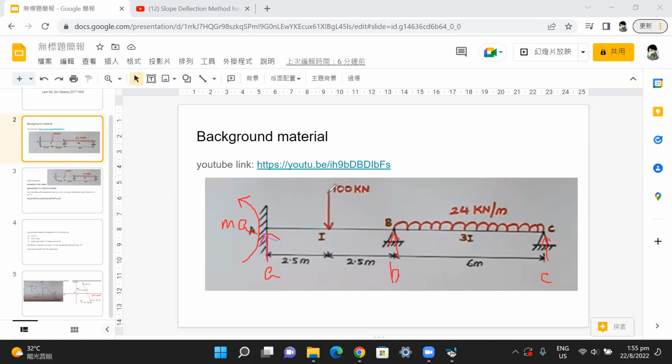We could see a 100 kN point load applied at x equals 2.5. And from x equals 5 at B to the end at C there is a distributed load of 24 kN per meter.